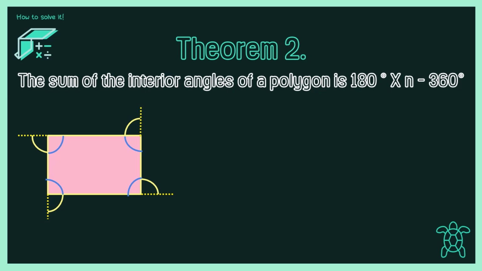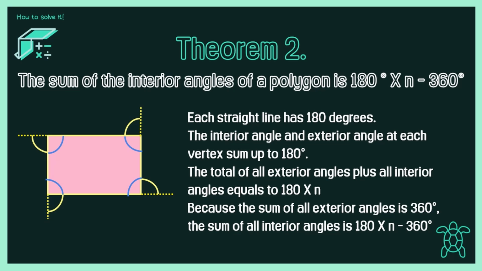Let's see the second theorem. The second theorem is the sum of the interior angles of a polygon is 180 degrees times n minus 360 degrees. Each straight line has 180 degrees, which means that the interior angle and exterior angle at each vertex sum up to 180 degrees.